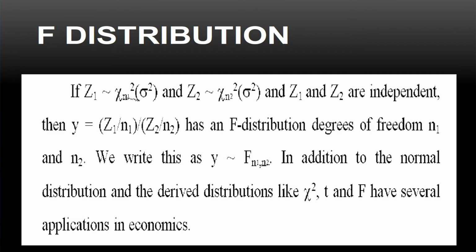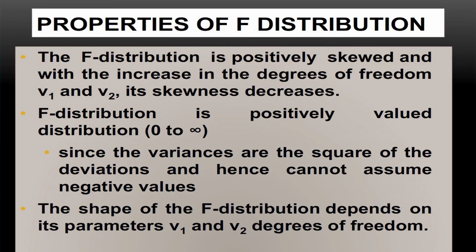In addition to the normal distribution and the derived distributions like chi-square, t and F that are commonly used, now let us see the properties of F distribution. 1. The F distribution is positively skewed, and with the increase in the degrees of freedom V1 and V2, its skewness decreases. 2.